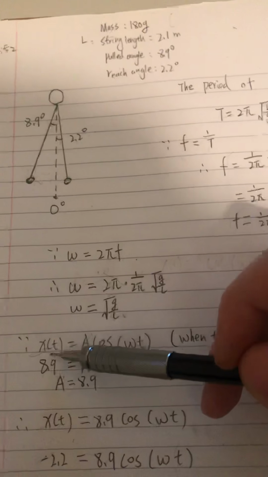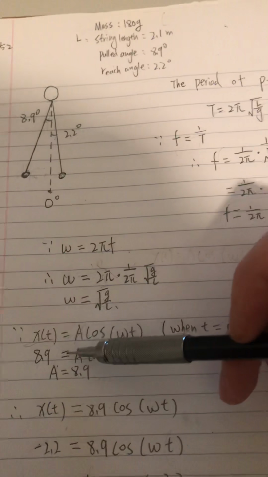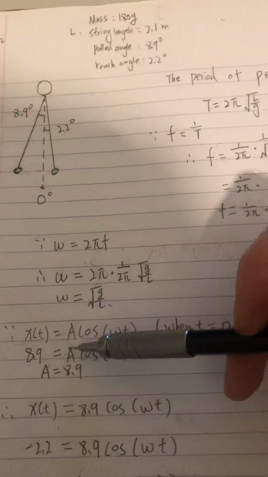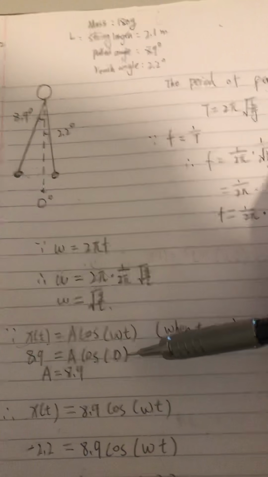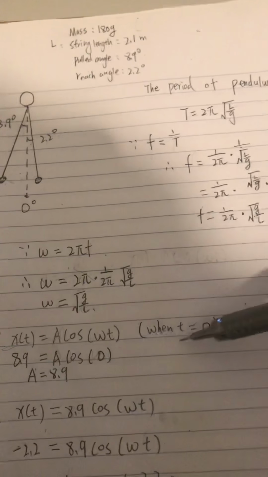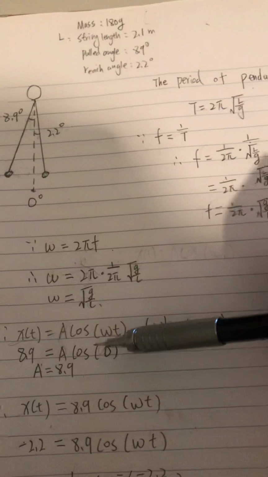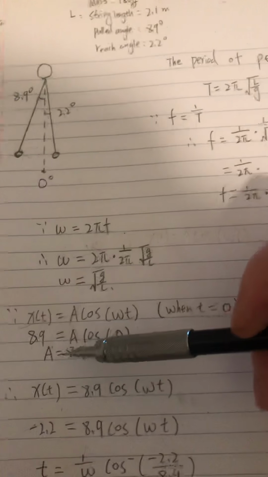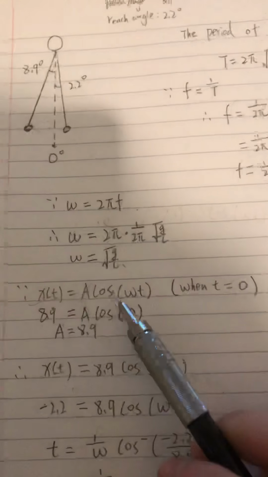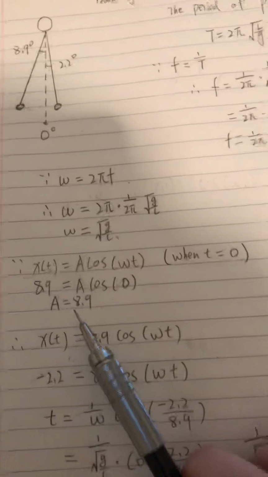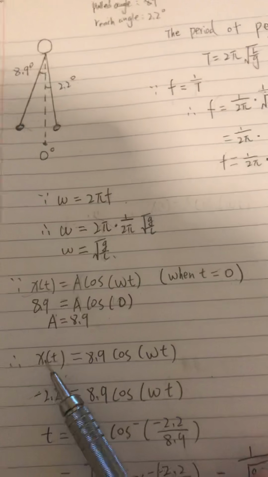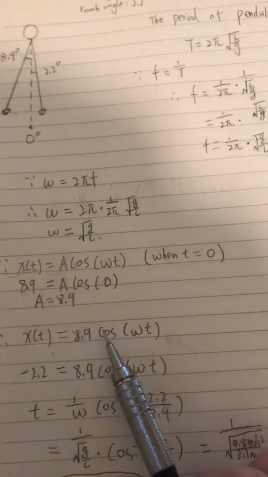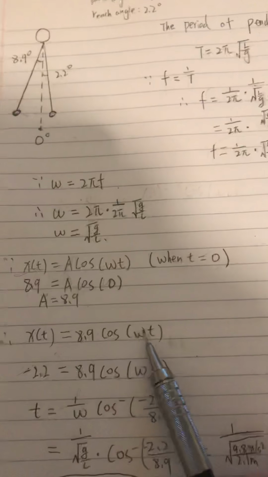So 8.9 degrees is equal to amplitude times cosine omega times t, which is 0, because t is 0. So we got the amplitude is 8.9. So we got the final equation: x(t) is equal to 8.9 cosine omega times t.